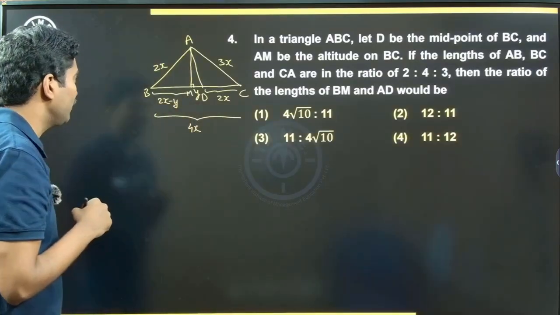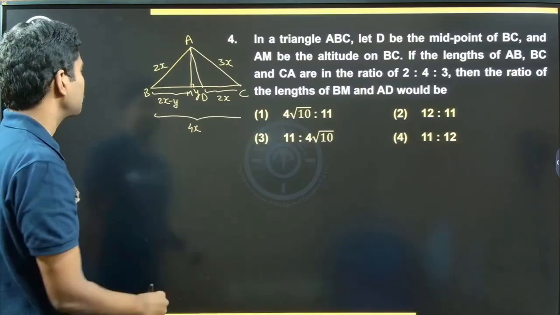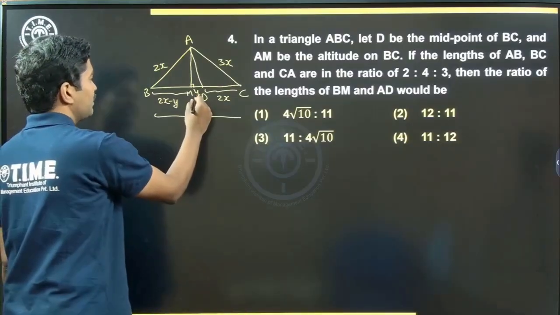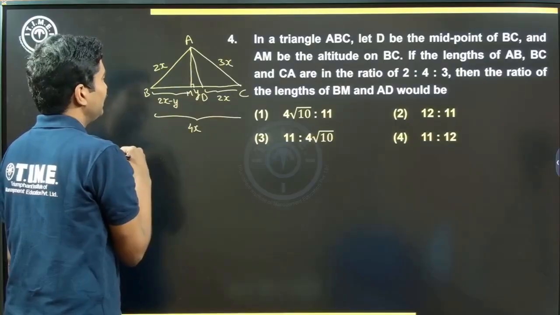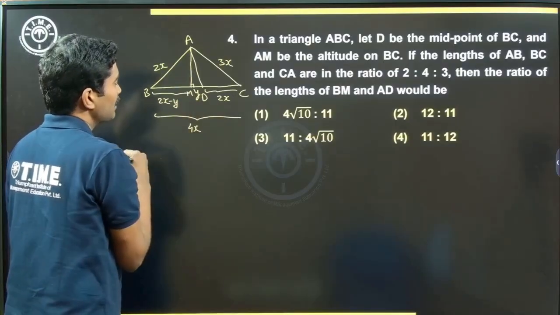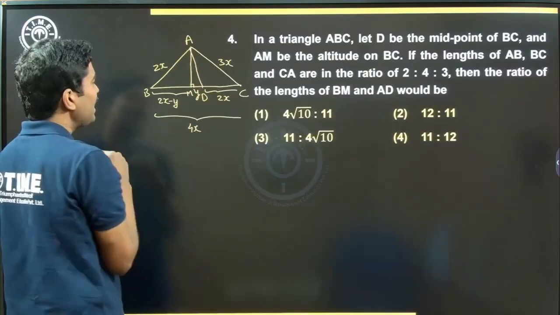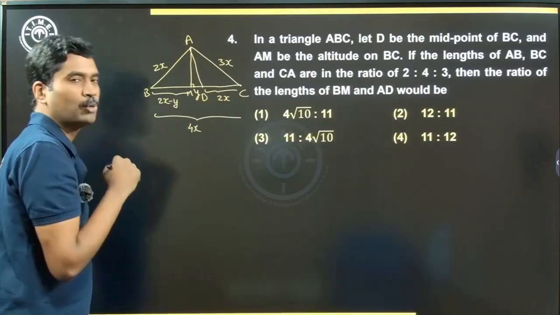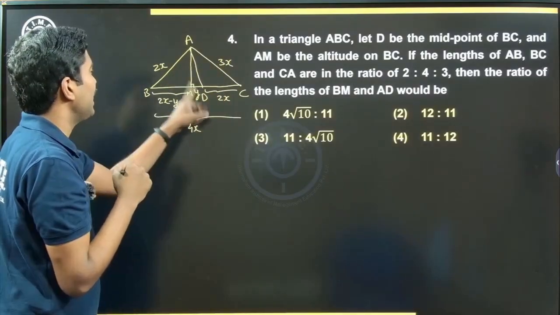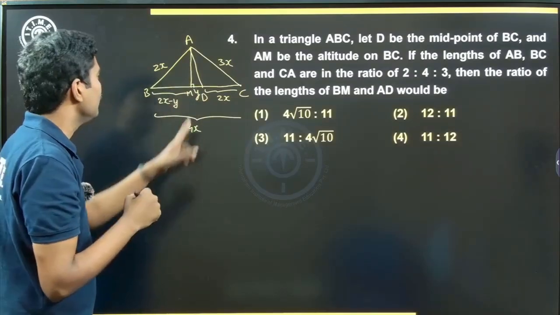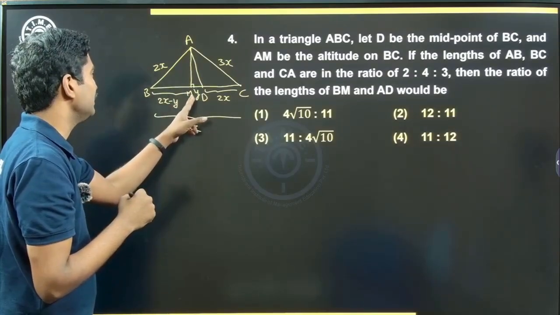Now what do we have? Check this small y, and how do we go about solving it? AD is the hypotenuse of triangle AMD. Can we see that? The small part is y, right?